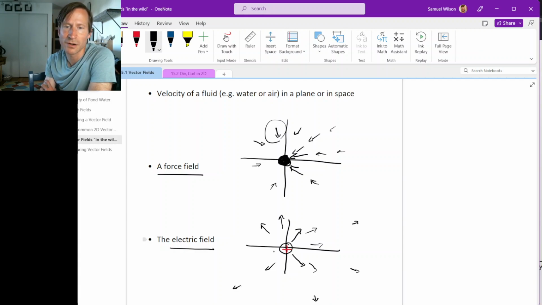And the closer you are to the charged particle, the stronger the electric field is, so the longer the vectors are. Now we're used to thinking of the electric force as producing forces, so why did I say this isn't a force? Well, to get a force out of this, you have to have another charge, right?